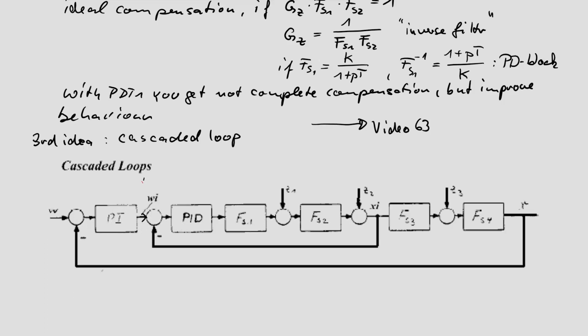I make now a block around this internal system, up exactly to this point, and this is called FW internal. That is the closed loop internal system. After the design we need information about the behavior of this closed loop internal system, because for the design of the PI controller we need the dynamics of this internal closed system, and we have to add then these both blocks, and then we can design the second controller.